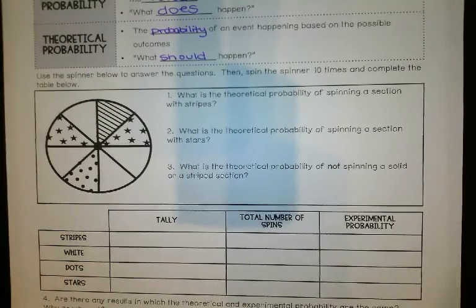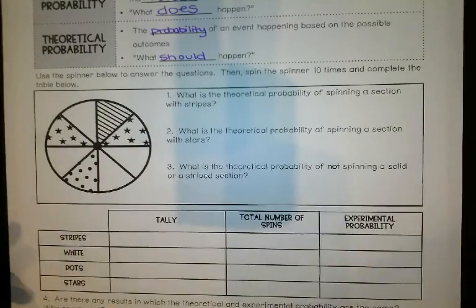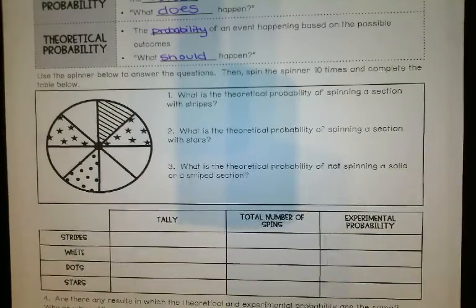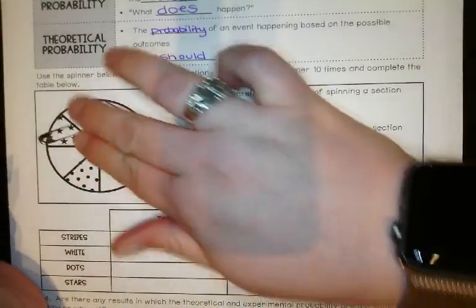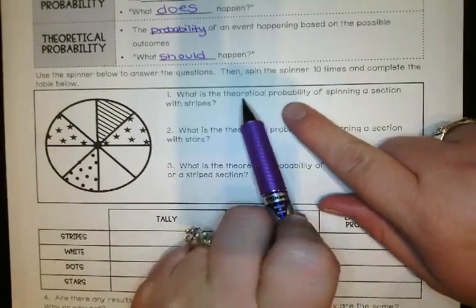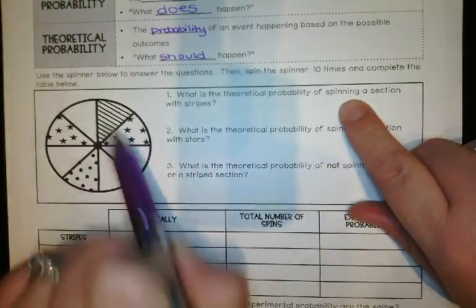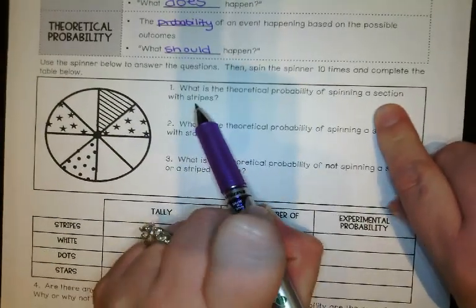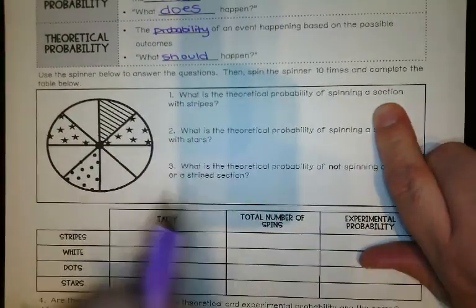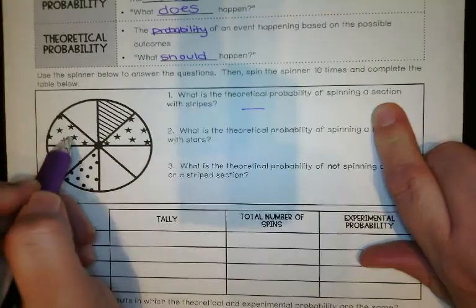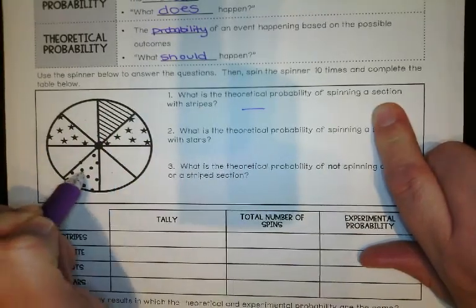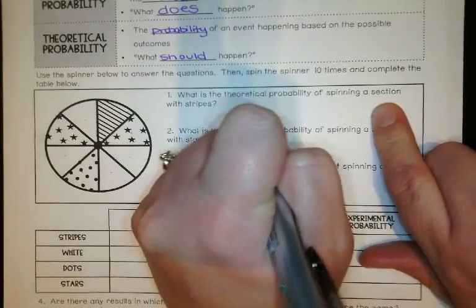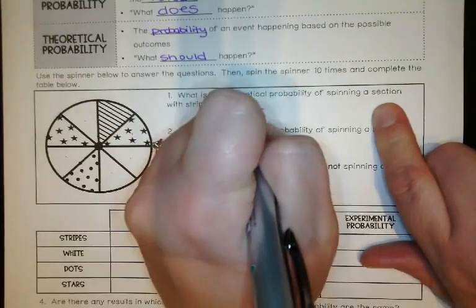So let's start with number 1. If I was to create a spinner, and we were going to spin this a bunch of times, theoretically, what's the theoretical probability that we would spin and get a section with stripes? Well, there are 1, 2, 3, 4, 5, 6, 7, 8 total sections, and there's only 1 that is stripes.